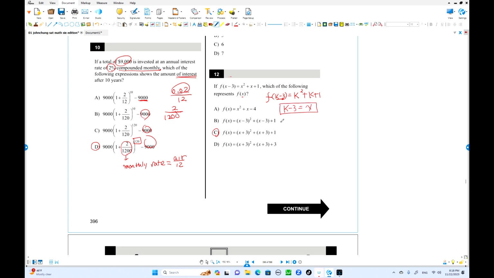That's the equation. So what is k? K equals x plus 3, right? So put this number for k, x plus 3. So we got this one. X plus 3 minus 3 is what? X. K equals x plus 3. X plus 3 squared, and k equals x plus 3. And finally we got the 1, okay? Choice C, okay? I like this method, okay?